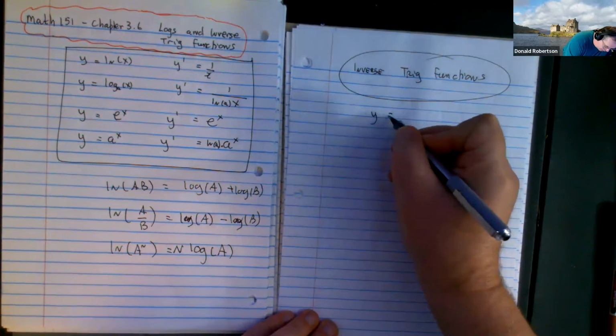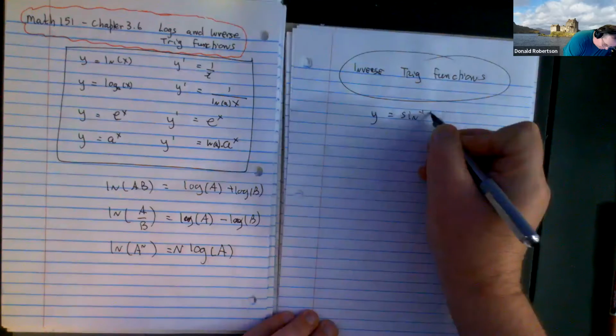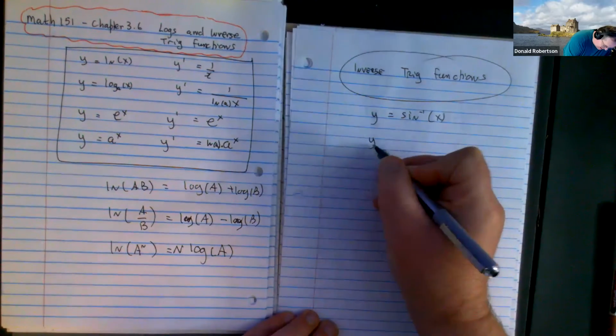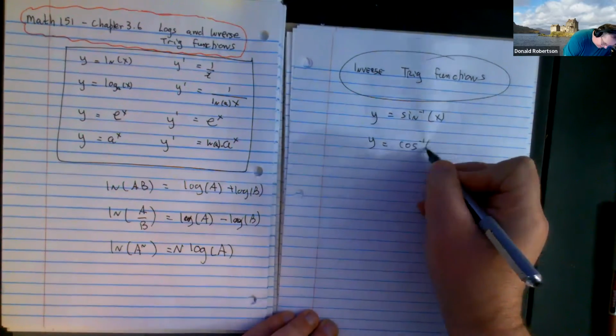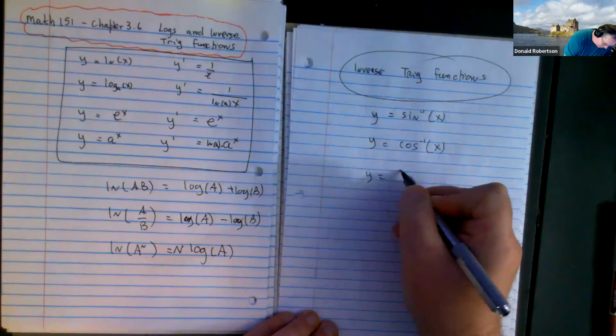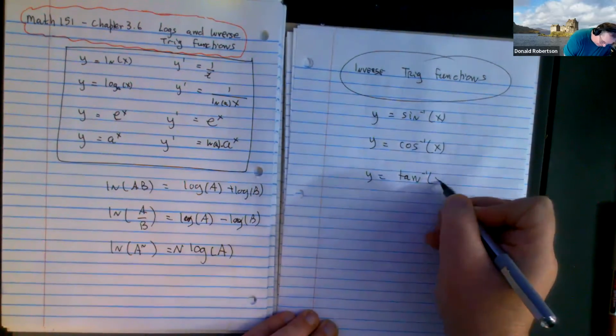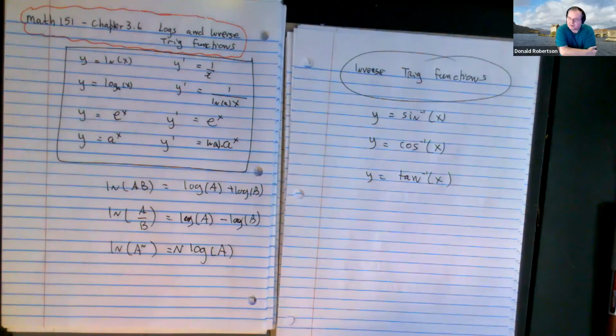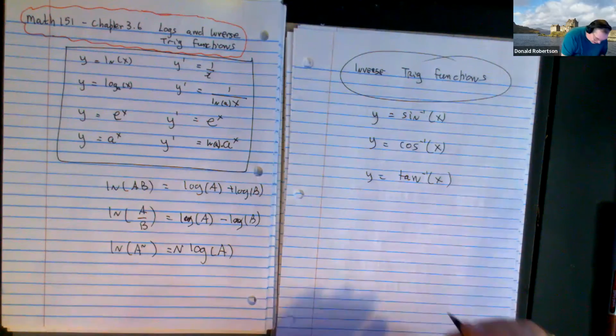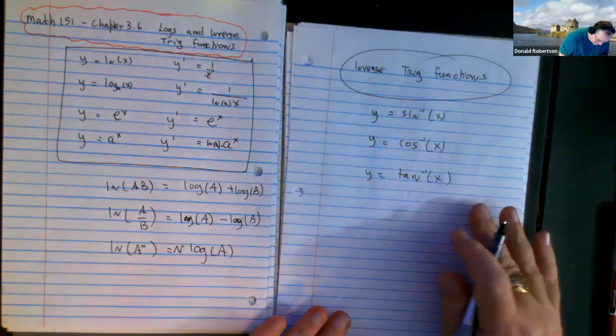When you were doing 142, you would have seen these three in particular, because these are the three that people typically use. Remember the inverse sine, the inverse cosine, and the inverse tan function? I'm actually teaching 142 as one of my classes, and we've just finished this last week. Inverse sine, inverse cosine, inverse tangent. I am now going to tell you what their derivatives are.